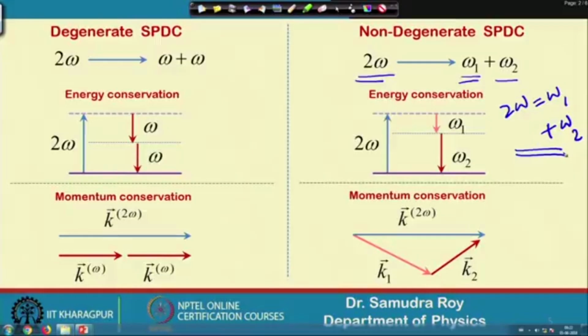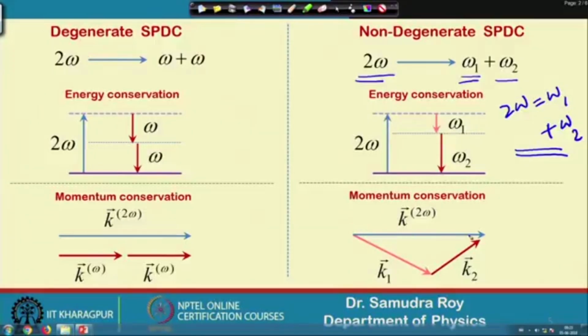So, this is a non-collinear kind of phase matching where this is k 2 omega, the momentum vector, and k 1 and k 2 are the corresponding momentum vectors of the frequency omega 1 and omega 2 fields. They are not necessarily in the same direction, but the phase matching can still be possible with this non-collinear structure. So, degenerate and non-degenerate are very important.